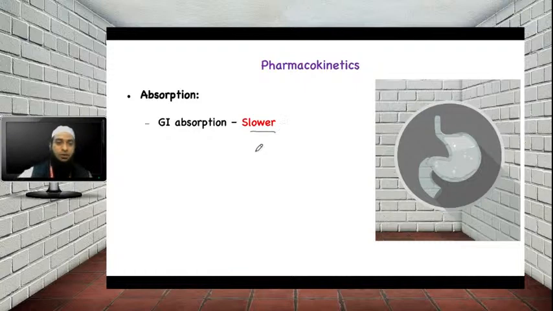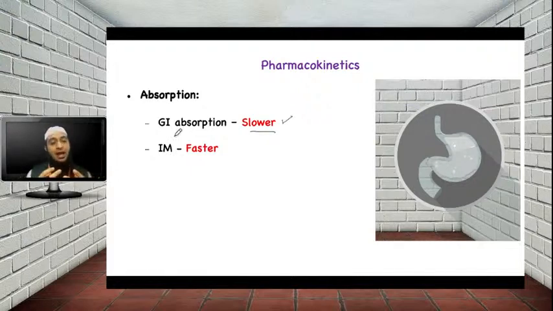So what is the problem with GI absorption? The GI absorption is slower. Since GIT absorption is slower, obviously it proportionately also delays the pharmacological action of that particular medicine. So this is the problem with GI absorption in the case of a pediatric child. Let's see another route of administration. For example, the intramuscular route is much more convenient as compared to the intravenous route, because for the intravenous route you need to identify the vein.